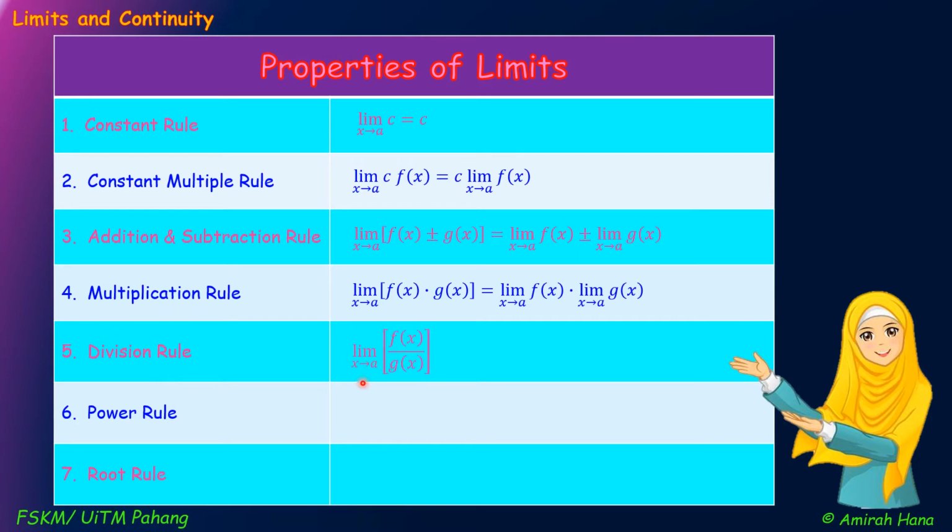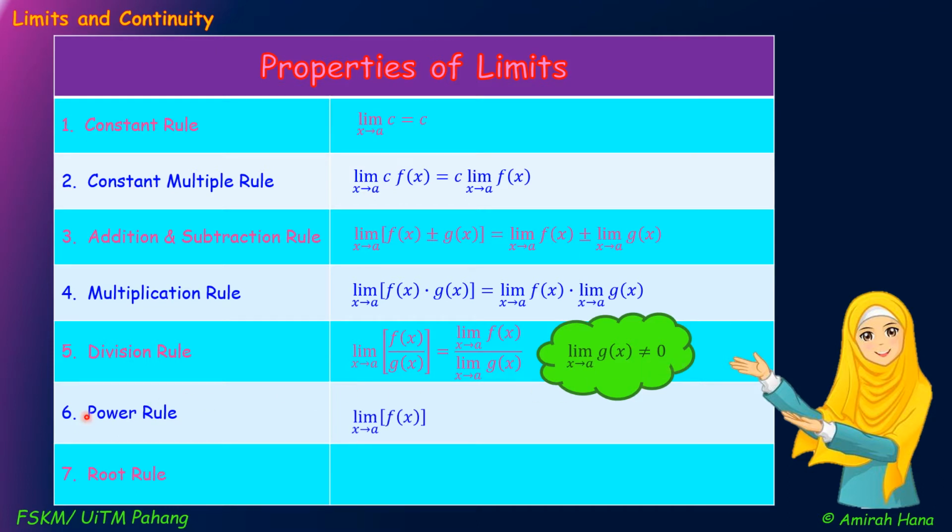The limit as x approaches a of f(x) over g(x) equals the limit of f(x) over the limit of g(x), where the limit of g(x) is not equal to 0.